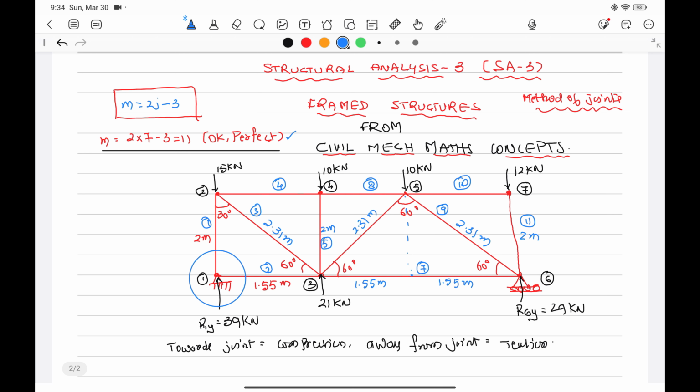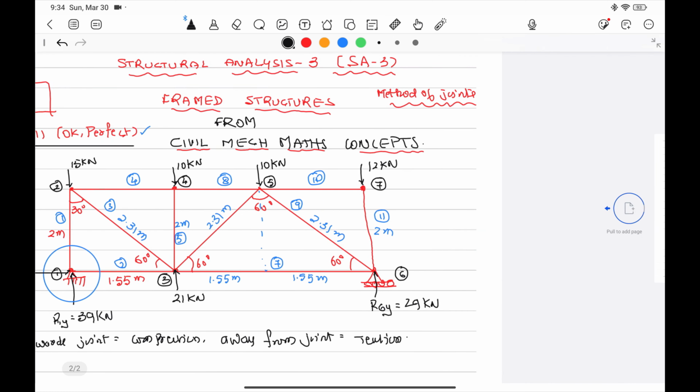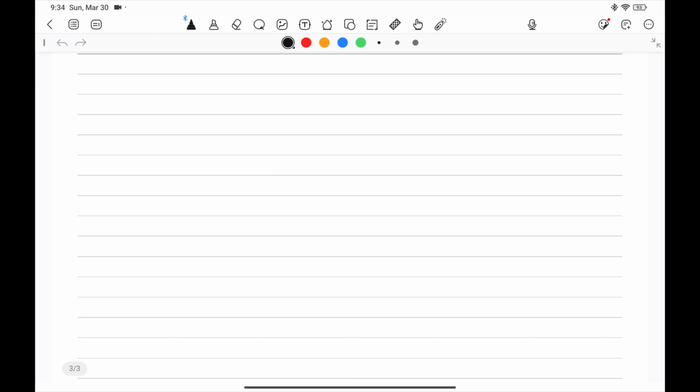There is a horizontal force also we have resolved yesterday in the last class, that is R1x, that is equal to 0. Now, we will write here joint 1. Please be very careful.